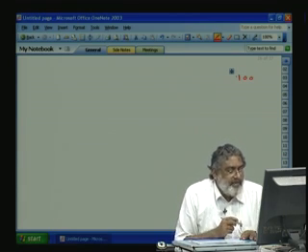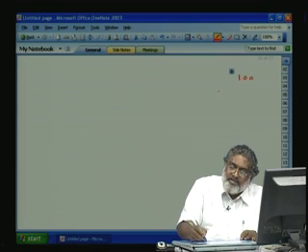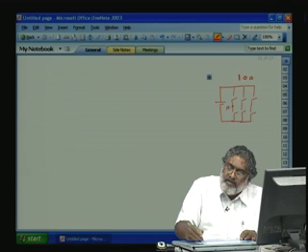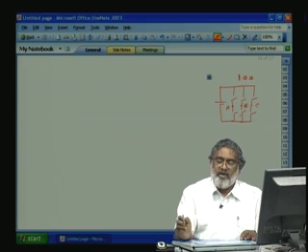If it is 1, 0, 0, that means A phase is connected to the positive rail and B and C are 0. So let us take a switch sequence like this: A is connected to the top, B and C are 0.